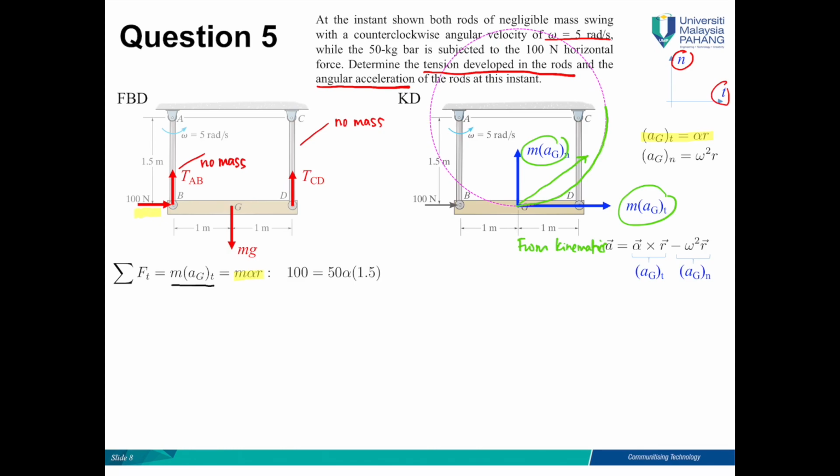On the right hand side is m alpha r, so m is 50 times alpha times 1.5.